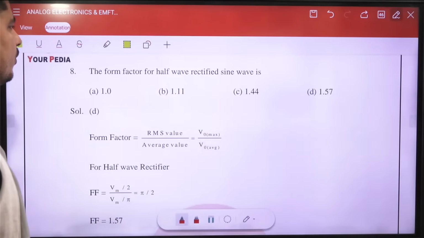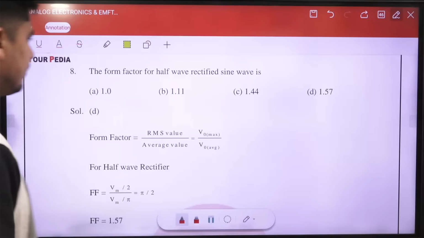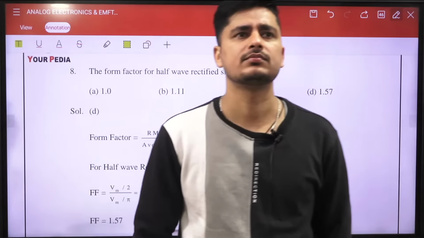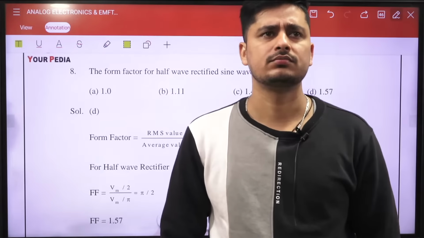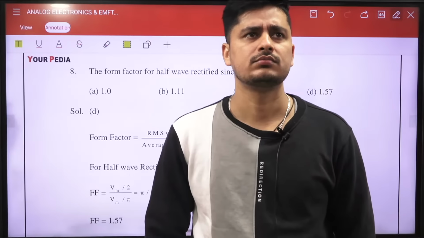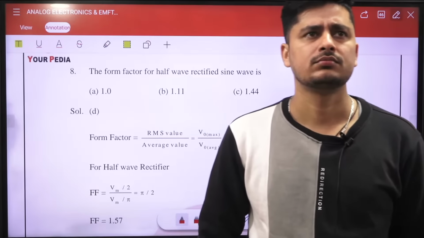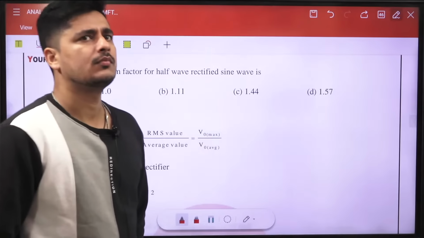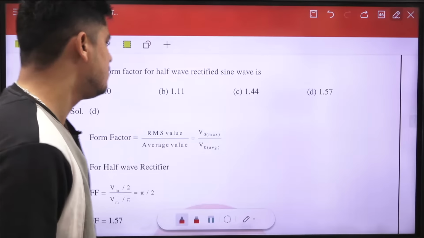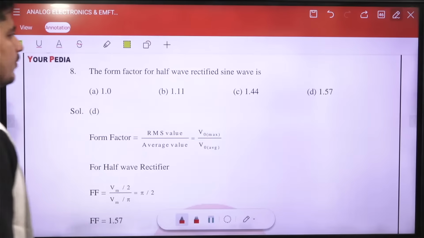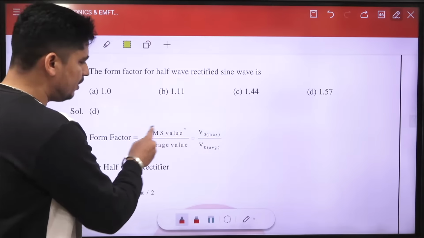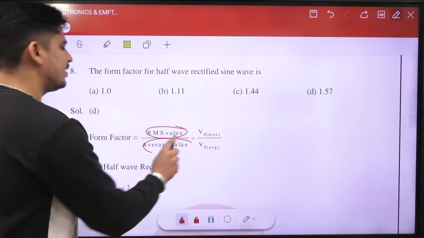Okay, how much is the form factor of a half wave rectifier's sine wave? Form factor will be the RMS value upon the average value, right?